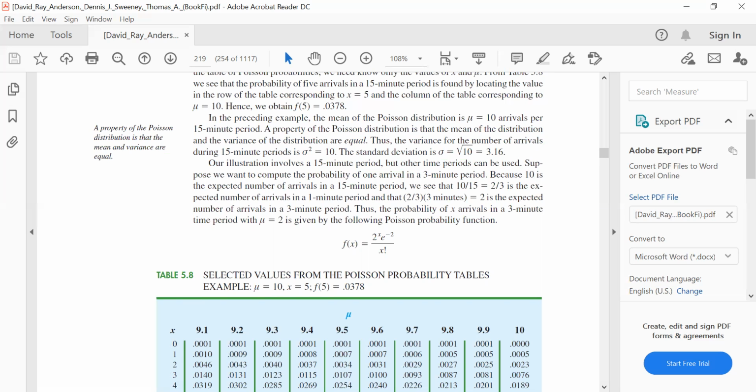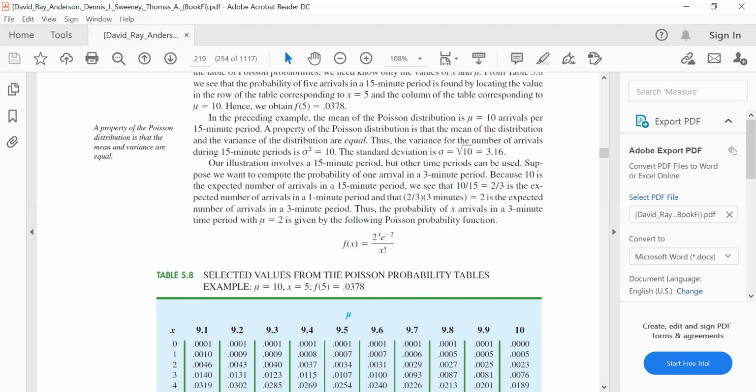A property of the Poisson distribution is that the mean of the distribution and the variance of the distribution are equal.